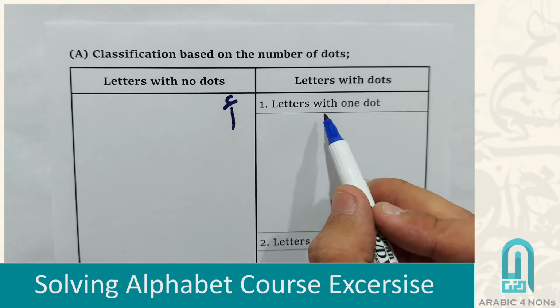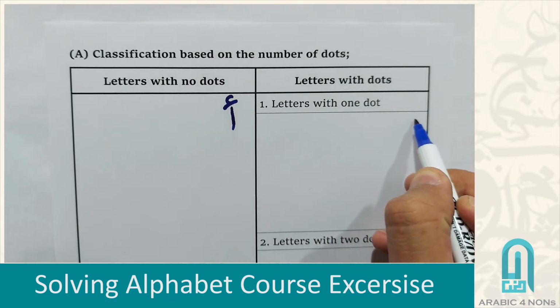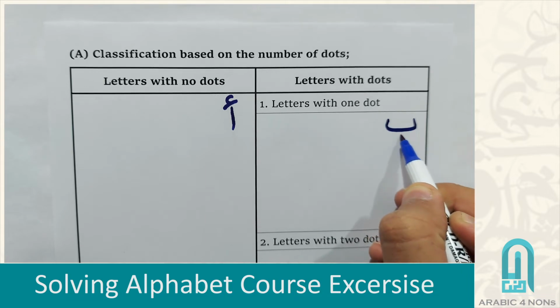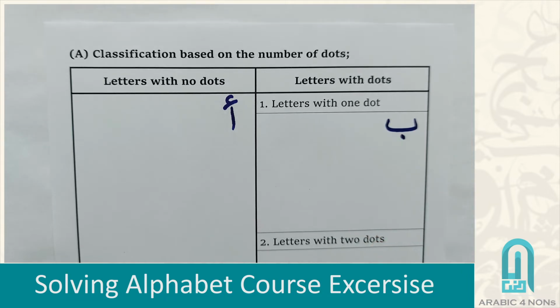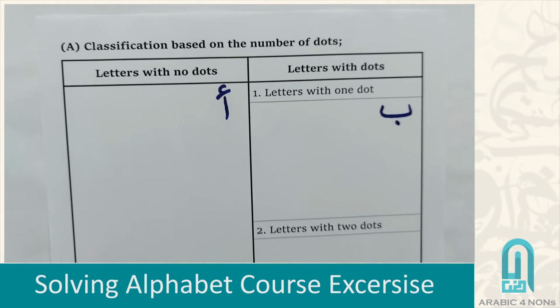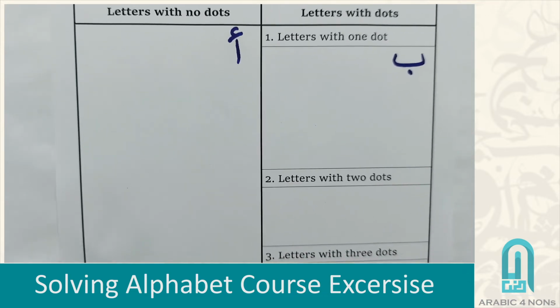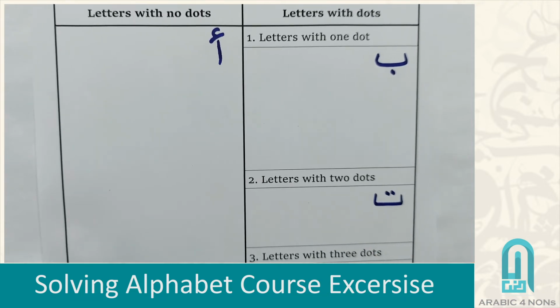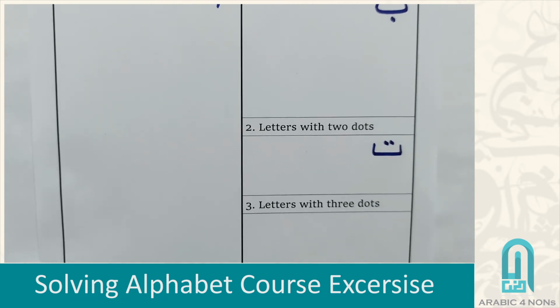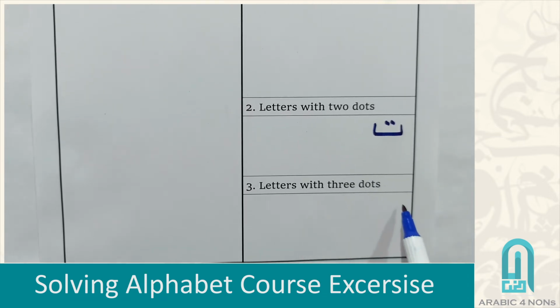So I'll write it here with 1 dot. The third one is letter T, which contains 2 dots. So I'll write it here. The next one is letter Th, which contains 3 dots. So I'll write it here.